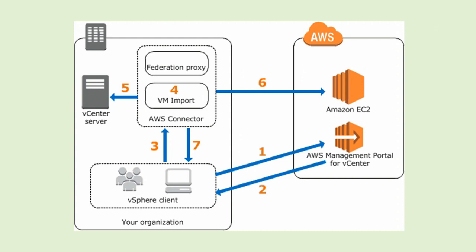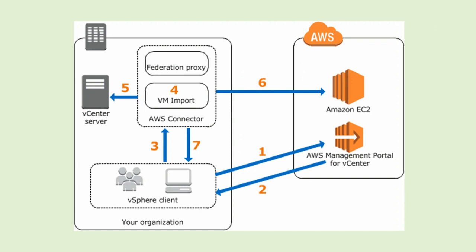There could be various use cases for the migration. Say your organization has a vSphere client, vCenter with VMware implementations, and you want to migrate those things to AWS. Then you first have to provide a vSphere cloud to the AWS Management Portal for vCenter, which will connect back to the vSphere client.